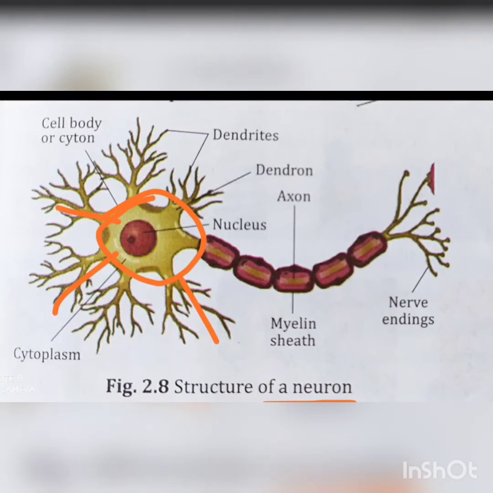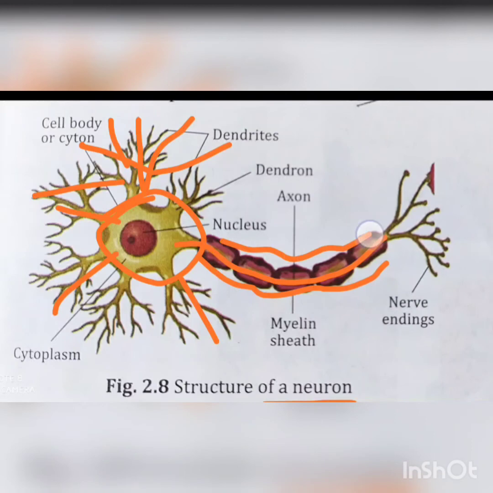The dendrons further divide into fine branches called dendrites. One of the dendrites is longer, it gets elongated from the rest of the dendrites and forms the axon. The axon is covered by the myelin sheath.